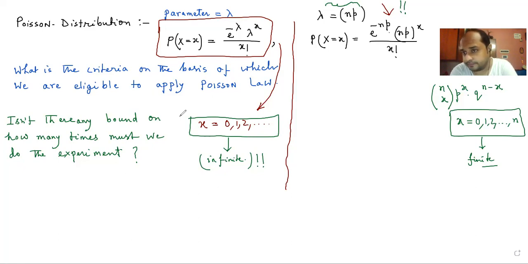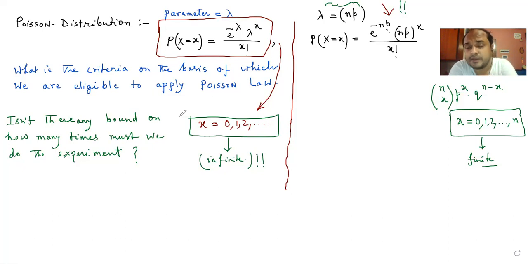We never know. In this particular situation, you never know how many times you are supposed to do the experiment. After many times of doing the experiment, after many observations, this word 'many' is actually a very confusing word. This many can be 6 months, it can be 1 year, it can be 1 month also.